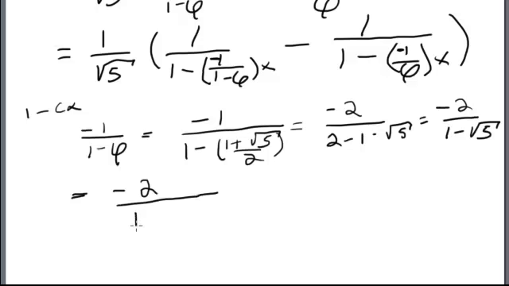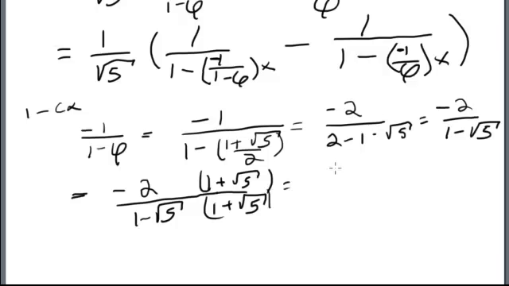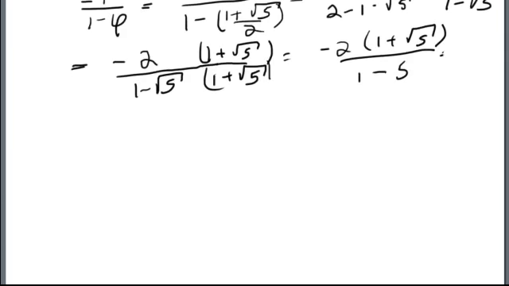So we got 1 minus the square root of 5, and then I multiply top and bottom by 1 plus the square root of 5. That's equal to negative 2 over 1 plus the square root of 5 over, and the 5 times 1 and the negative 5 times 1 cancel out, so negative square root of 5 times the square root of 5 is negative 5.